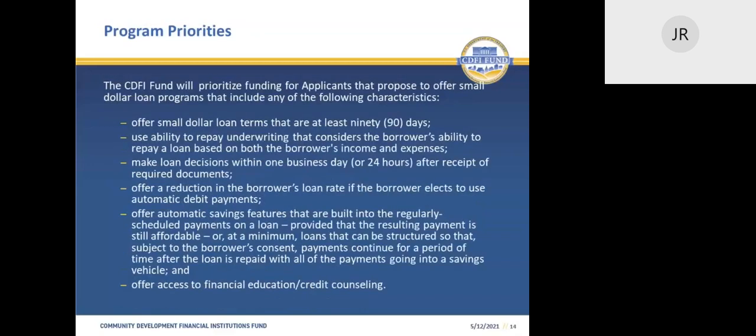The CDFI Fund will prioritize funding for applicants that propose to offer small dollar loan programs that include any of the following characteristics. And again, this is also listed in the NOFA.